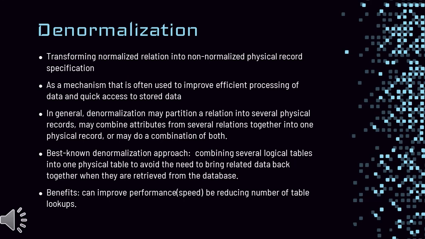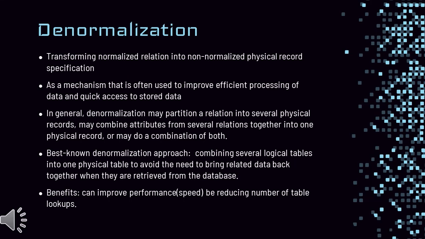Denormalization is a mechanism that is often used to improve efficient processing of data and quick access to stored data. In general, denormalization may partition a relation into several physical records, may combine attributes from several relations together into one physical record, or may do a combination of both.